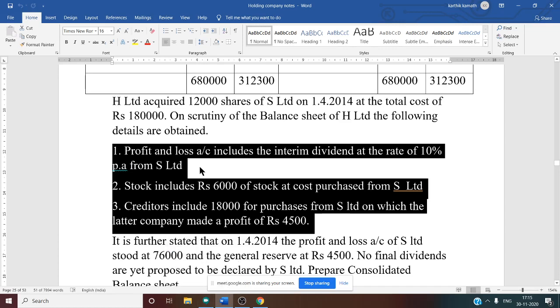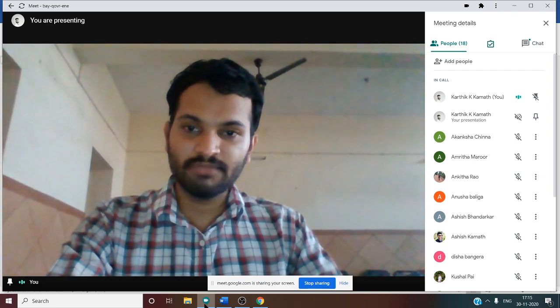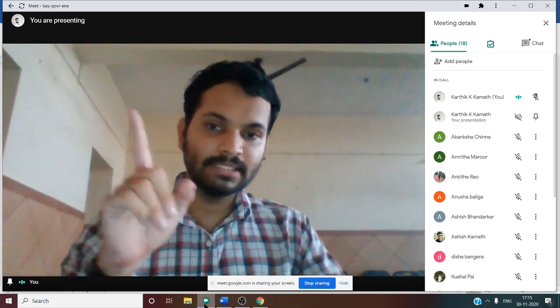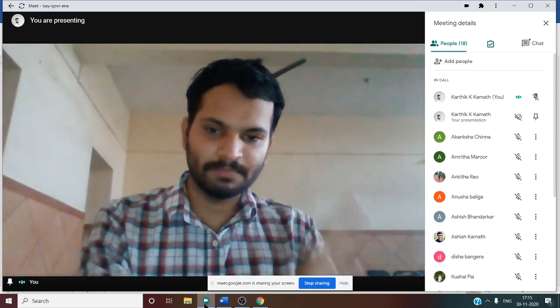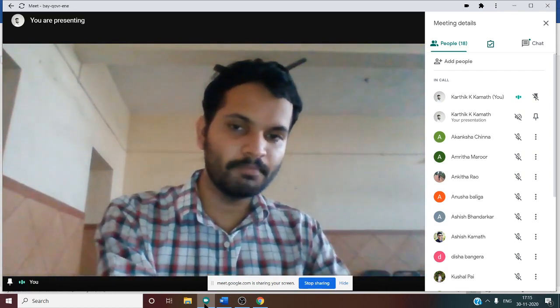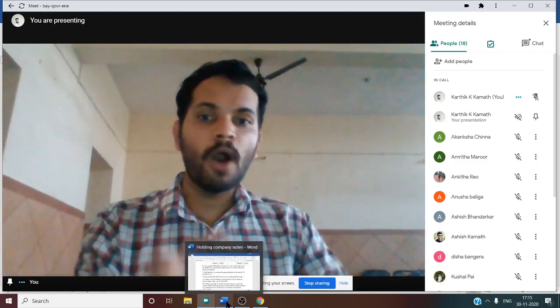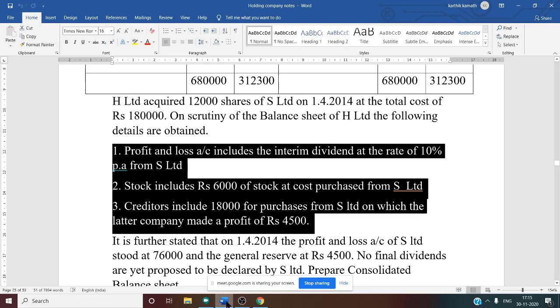So how to calculate the dividend now? For dividend calculation, first we want the holding company's share capital in the subsidiary company. That itself is our paid up value. On the paid up value, we can easily calculate the interim dividend.